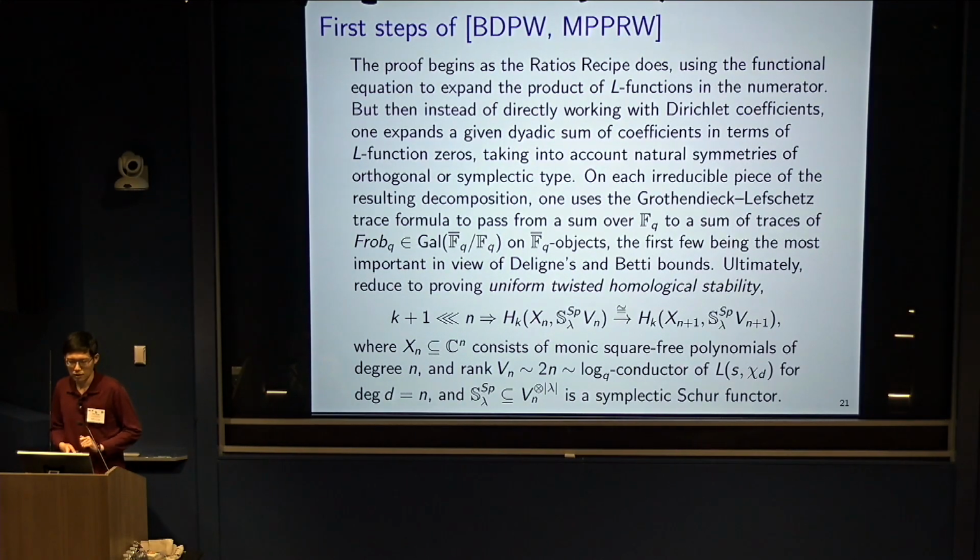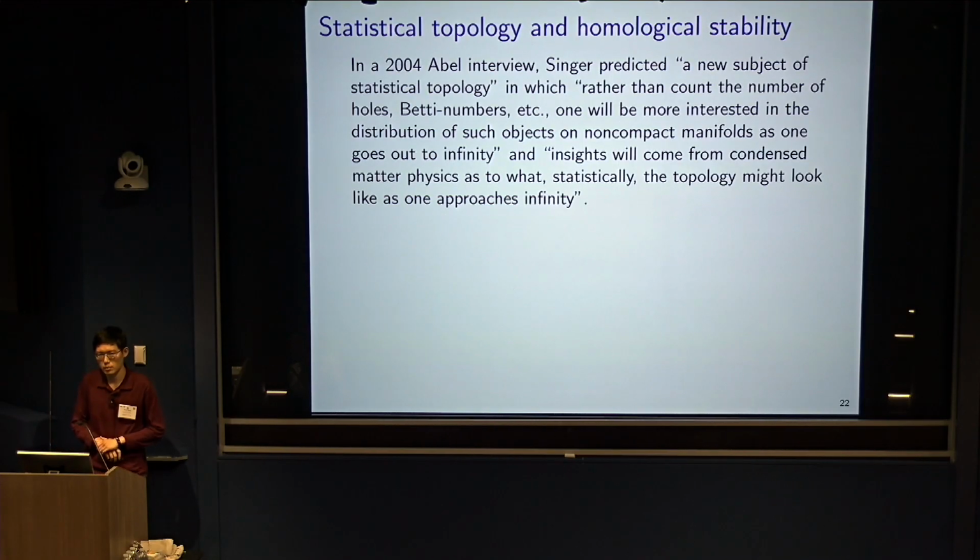Okay, so let me connect this more broadly to something that appeared in an interview with Atiyah and Singer. Atiyah said physics is going to solve all the problems in number theory, RH and so on. Singer had a more measured take, which I find interesting given the theme of the conference.